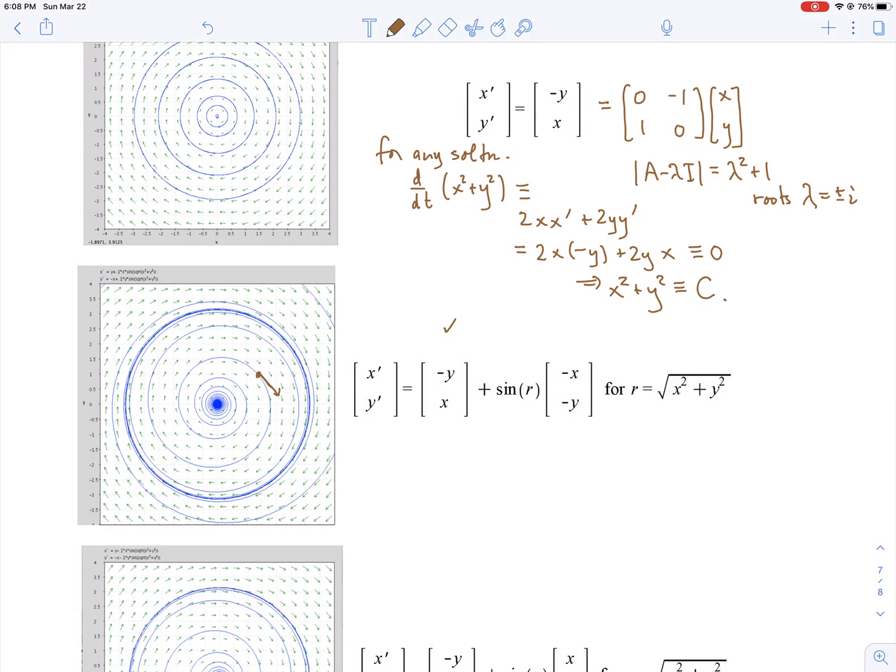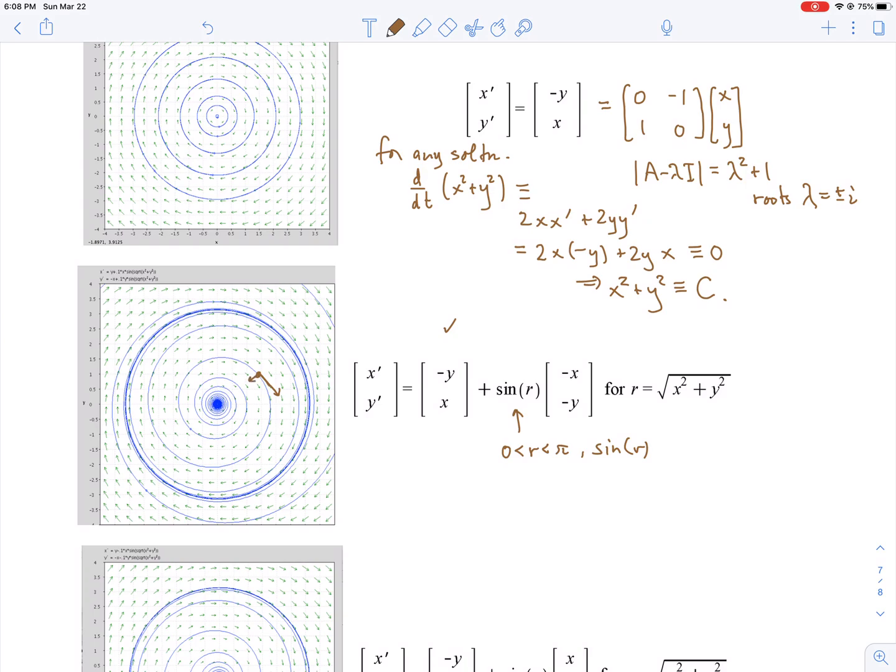And then you're adding a multiple of the position vector x, y. And if sine of r was positive, which it is for 0 less than r less than pi, you in this example would be adding a vector which was pointing back towards the origin.